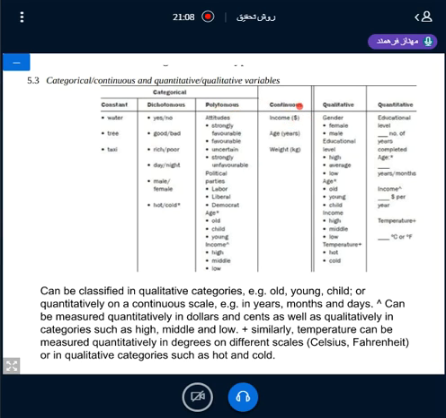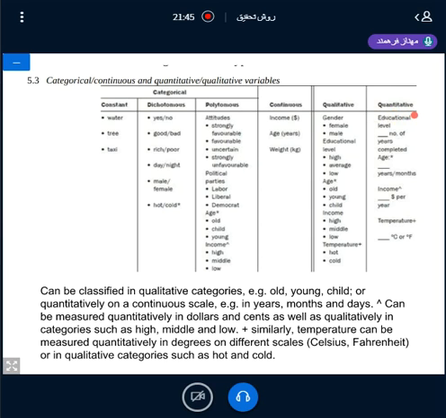And then continuous variables that are separated from categorical. You can measure them, for example income, age, weight, which we talked about. And then you have qualitative and quantitative, which we talked about in the previous sections. Qualitative, for example, gender, male or female, educational level high, average, low, age old, young, and child, income high, middle and low, and so on.